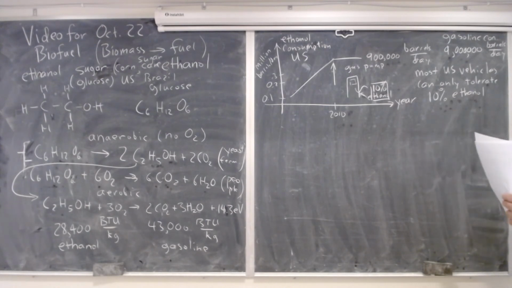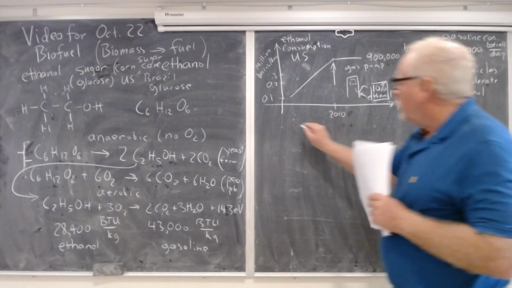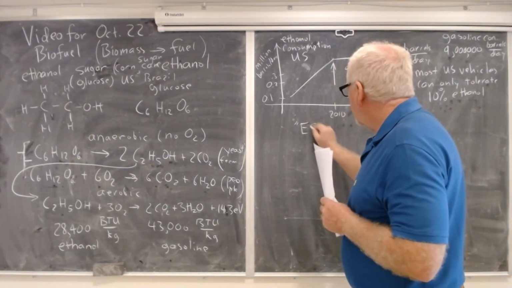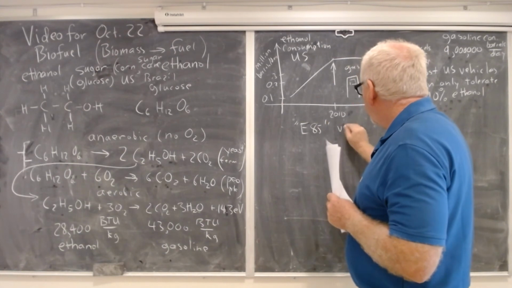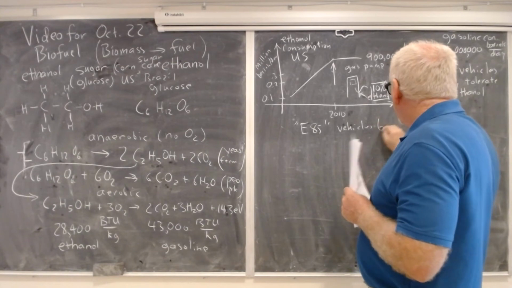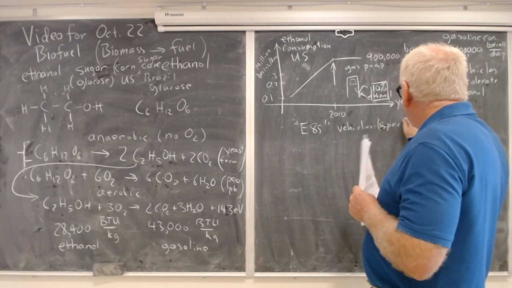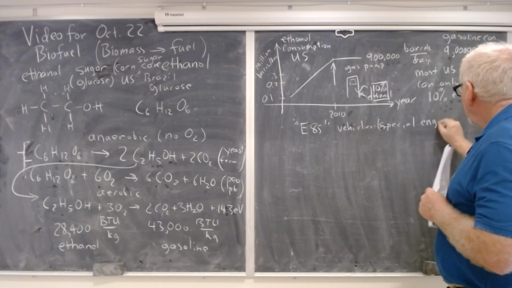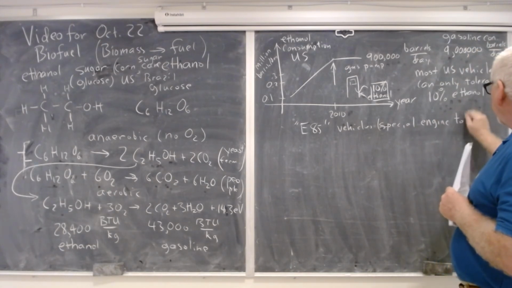Unless your engine is specially designed for ethanol, that's as much as you can have. And now there are what's called E85 vehicles, which have special engine components to tolerate ethanol.